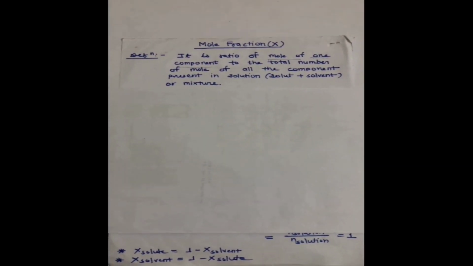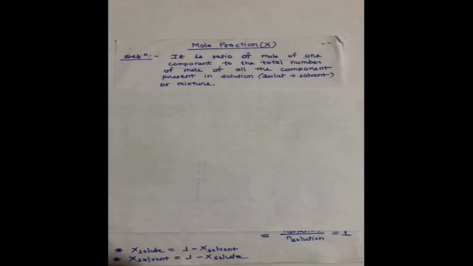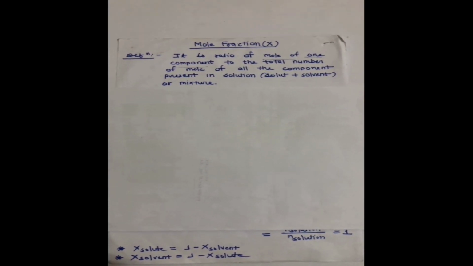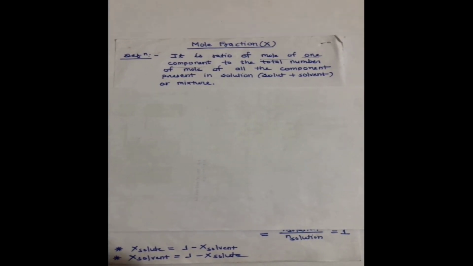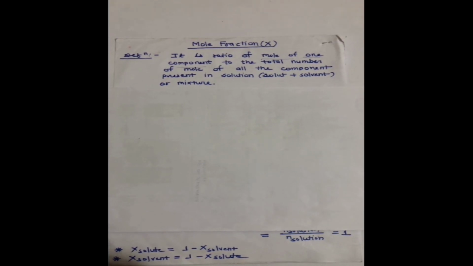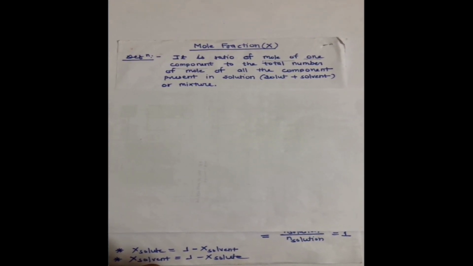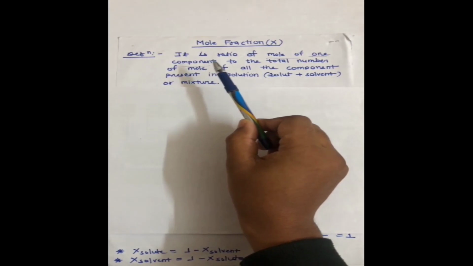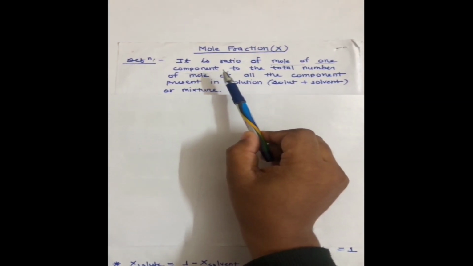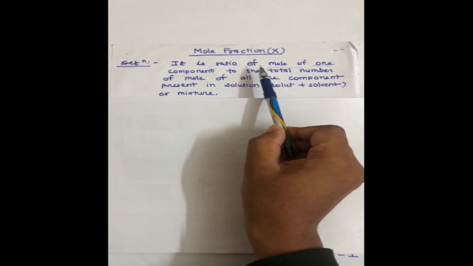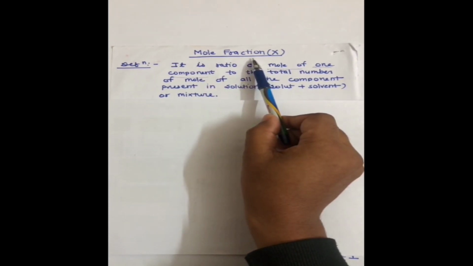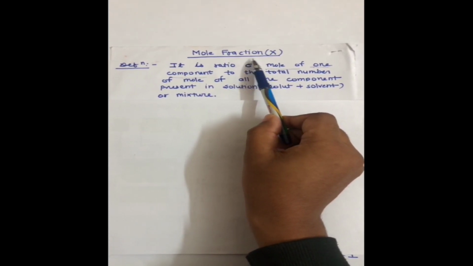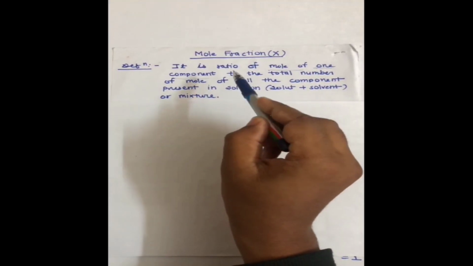So students, in this video lesson, we will talk about one more concentration term, that is mole fraction. It's represented by capital X, and for its definition, just remind its topic, that is mole fraction, or we can say that it is fraction of mole.